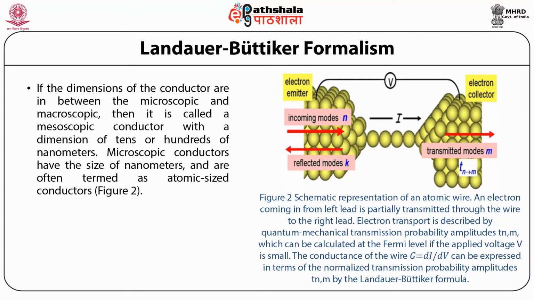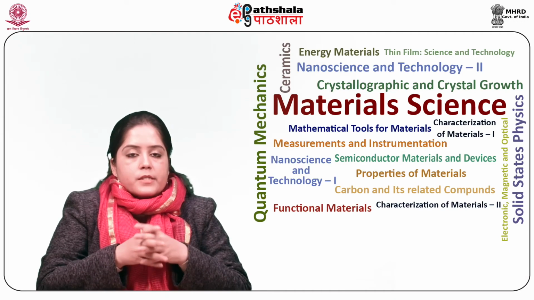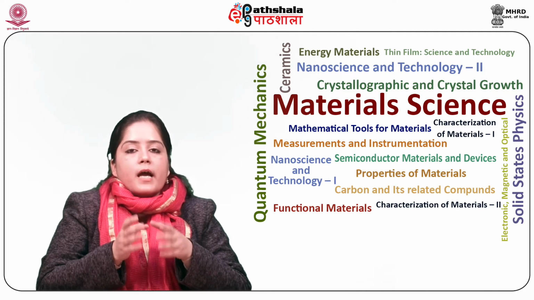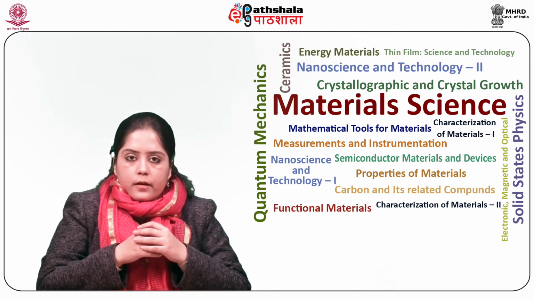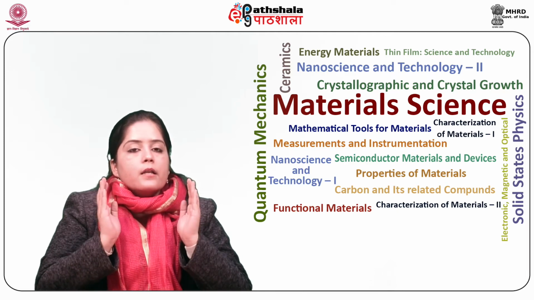The conductance of the wire G equal to dI by dV can be expressed in terms of the normalized transmission probability amplitudes T_NM by the Landauer-Büttiker formula.